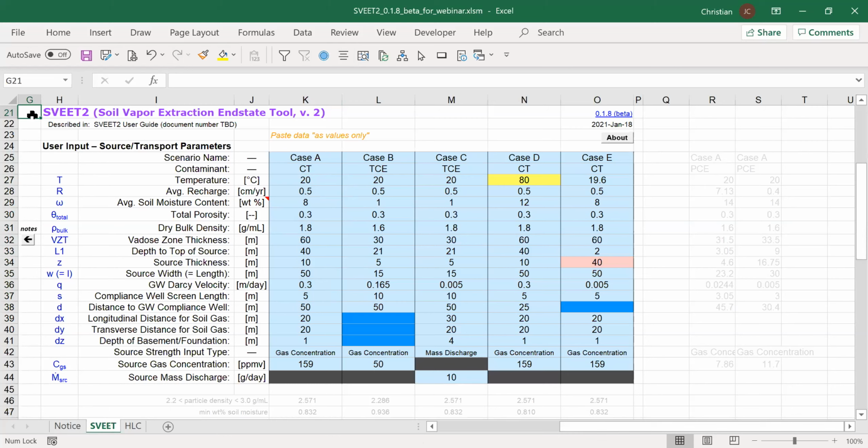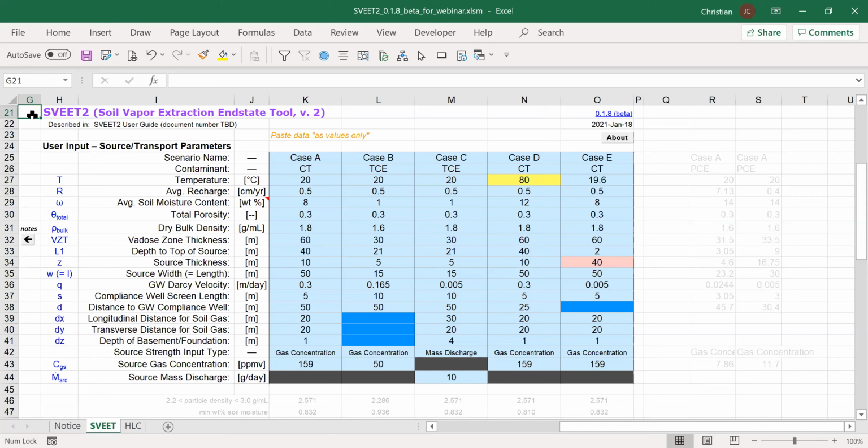This next question is about the source gas concentration. Specifically, could you provide a further definition of what this is and explain how that would be calculated? So in terms of the source, what you're looking to do is define the strength of the source.